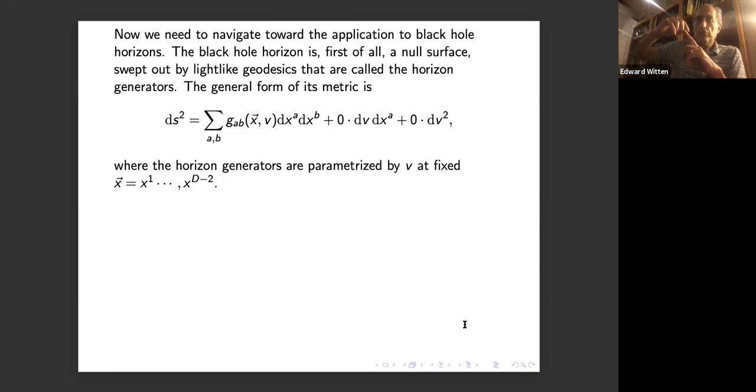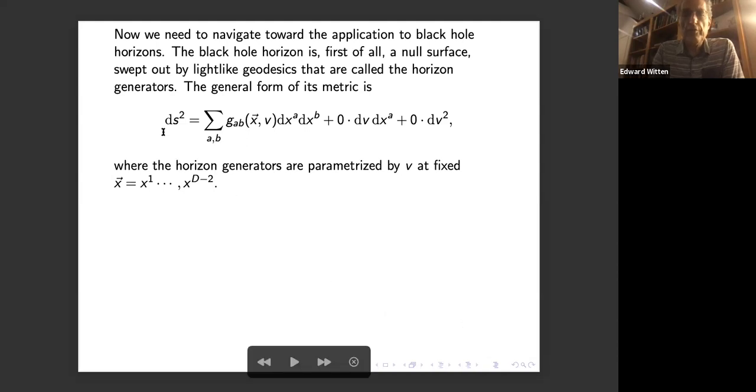And the orbits of those light rays that are stuck in the horizon forever are null geodesics that are inside the horizon. So because there is such a null geodesic through every point on the horizon, the general form of the horizon metric is the following. It's G_AB of x and v. It's some metric in A and B, but it's 0 times dv squared and 0 times dv dx.